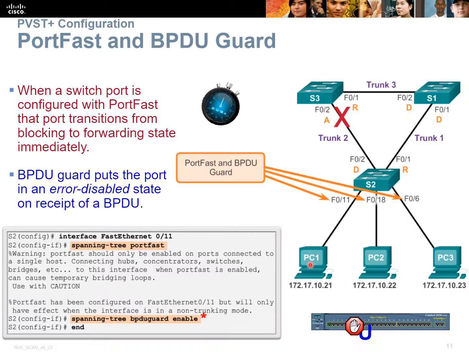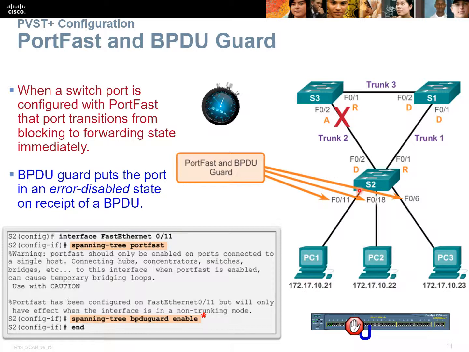But now we say, okay, BPDU guard. So this is a PC. A computer is never going to generate a BPDU. So if this port 11, 18 and 6, if they ever receive a BPDU, that means someone's done something silly like this. So bang, instantly shut down that port.